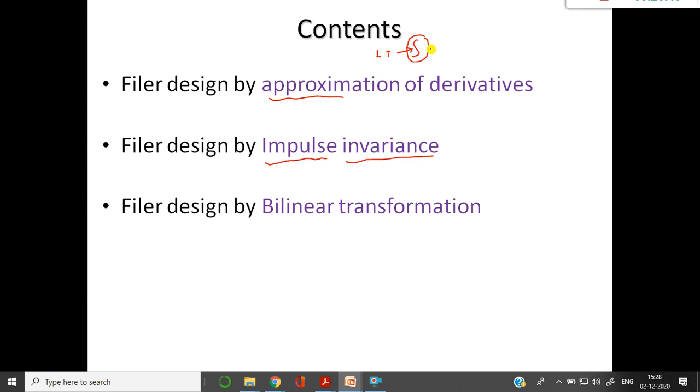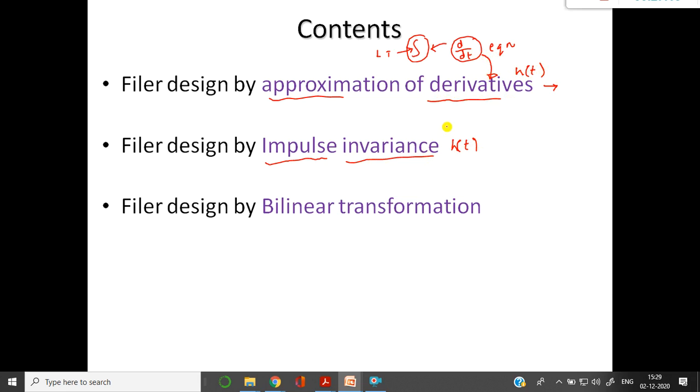If I go for the reverse process, it is nothing but a differentiation, which gives us differential equations. I make use of the approximation of derivatives, where I use the numerical integration method to calculate h of t. So it is all about calculating h of t, guys.